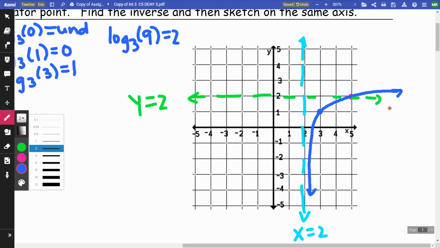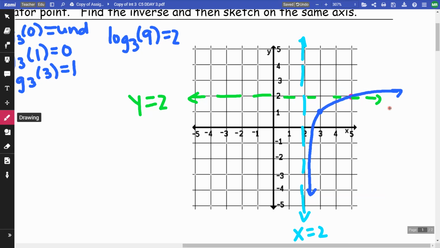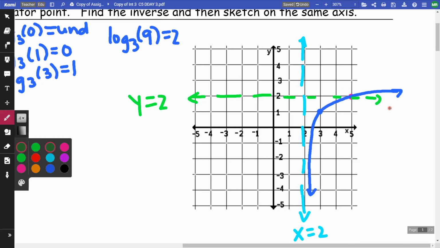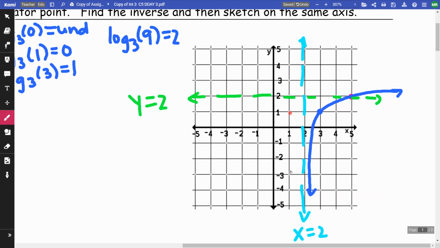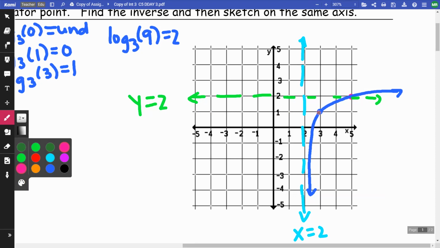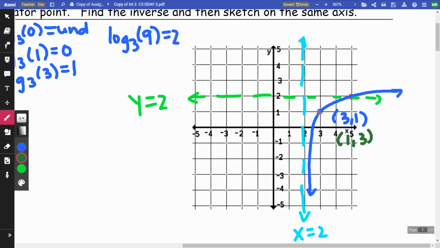Then when I am going to be plotting the inverse, again, if it was x equal 2, the inverse of that will be y equal 2. This point right here, which is at 3, 1, is now going to be at 1, 3. So I'm going to go to 1, 3 and put a point.